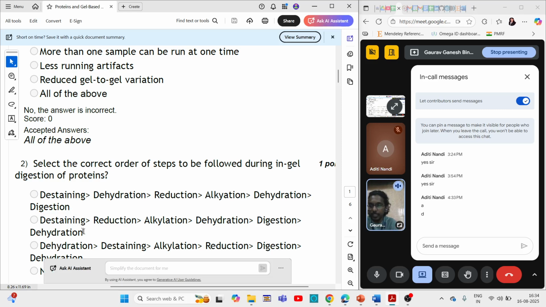So you'll obviously do destaining first, so it can be either A or B. After destaining, what do we do? We do dehydration first, then reduction, alkylation, then again dehydration and digestion, or we do reduction first, alkylation, and then dehydration, then digestion, and then dehydration again after digestion.